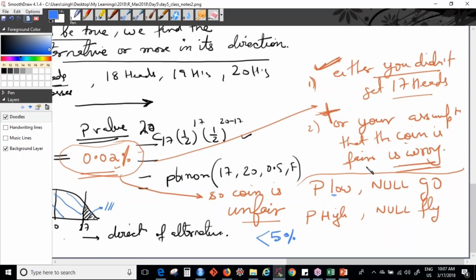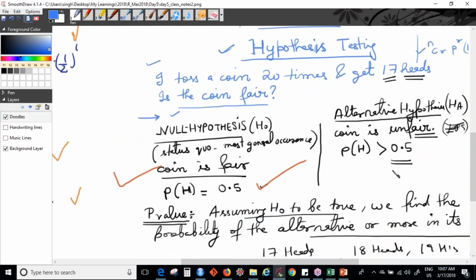Our null hypothesis is that the coin is fair, so we will reject that and go ahead with our alternative hypothesis. Null is rejected, so the alternative is correct. That means the coin is not fair.